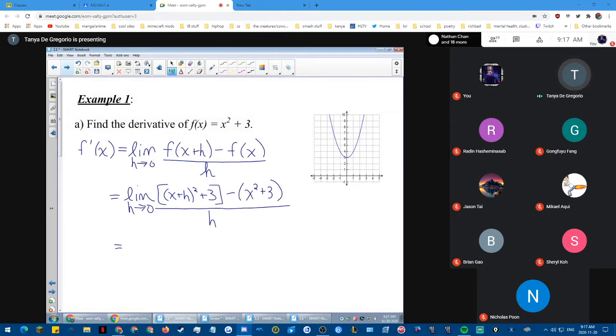And now we just expand and simplify. So expanding here, I get x squared plus xh plus xh, which is going to give me 2xh plus h squared plus 3. That's from my first bracket. And then I distribute the negative.